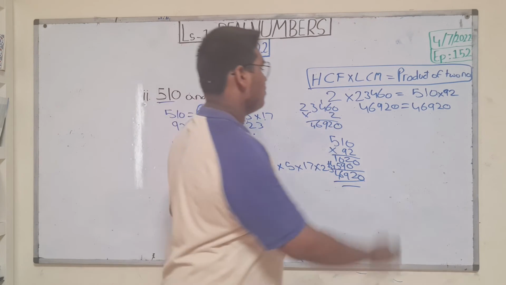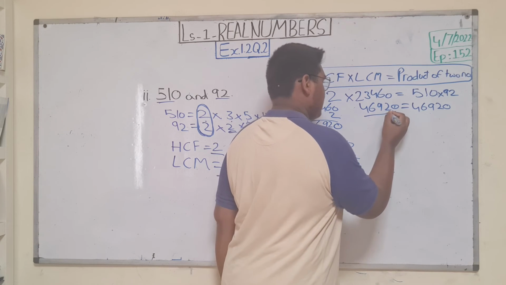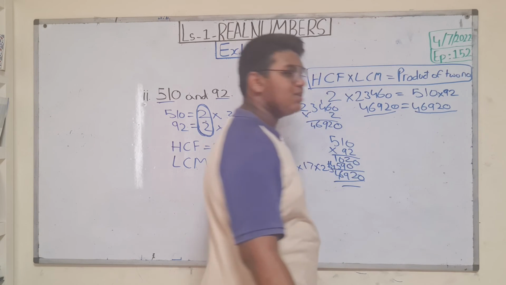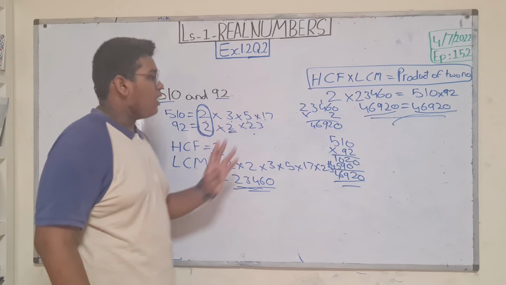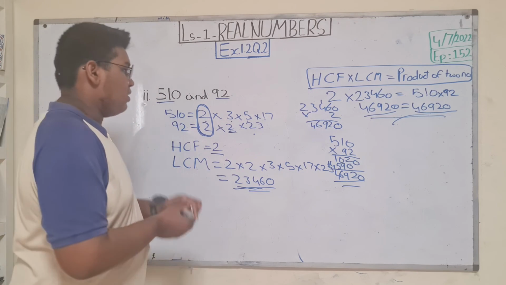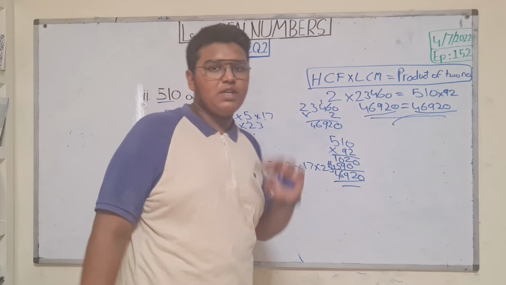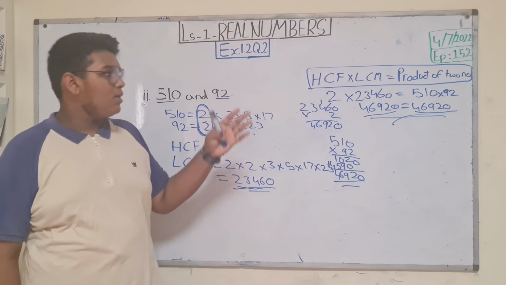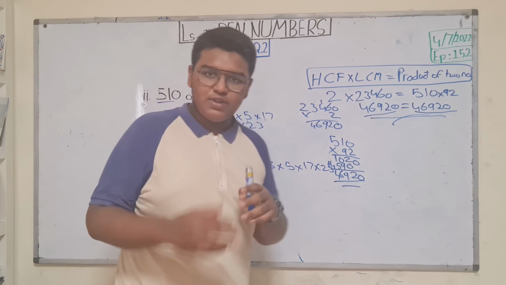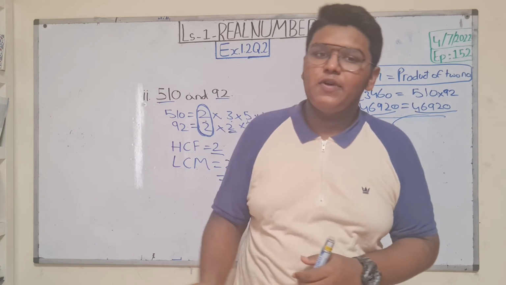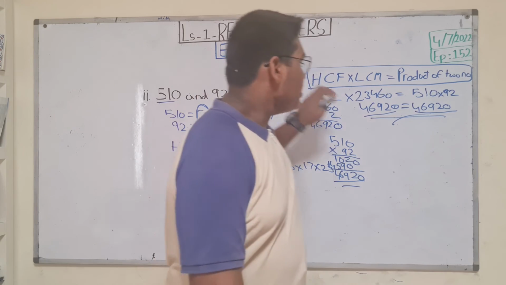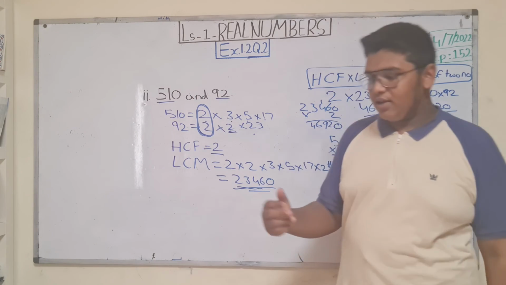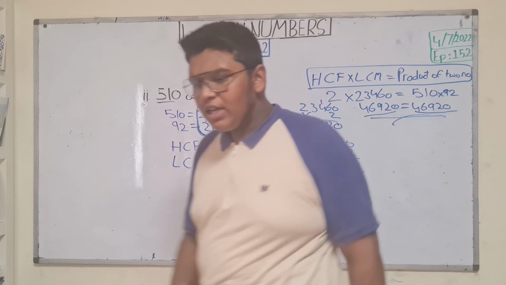So if you check it, 46920 here, and here also 46920, right? So this proves that we have done the answer correctly. Even if you find the HCF and LCM, and you have to check whether you have found them correctly, you can use this equation. We can use this equation for many reasons.